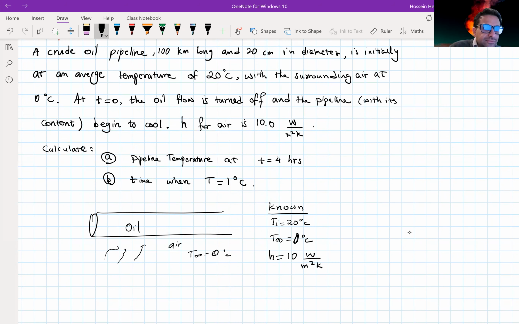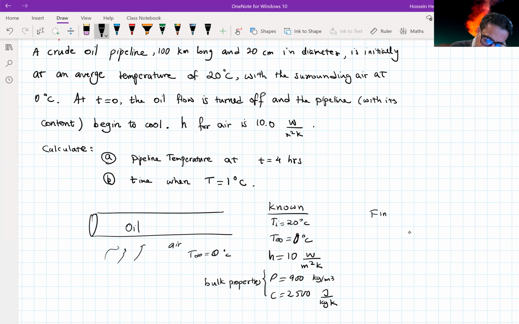Now, in terms of bulk properties, we're going to assume the pipe wall, fluid and everything else together. The density is 900 kg per cubic meter, or you can assume only the oil flowing through it, and c is 2500 joule per kilogram Kelvin.